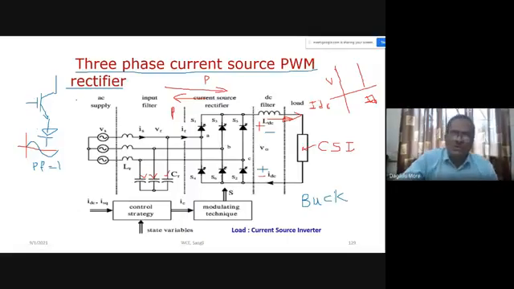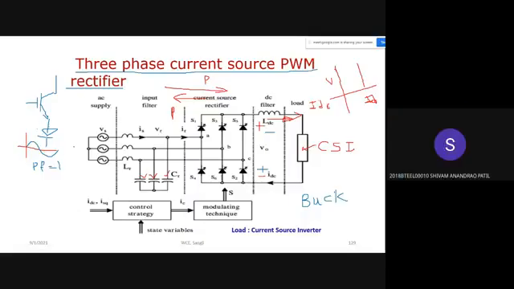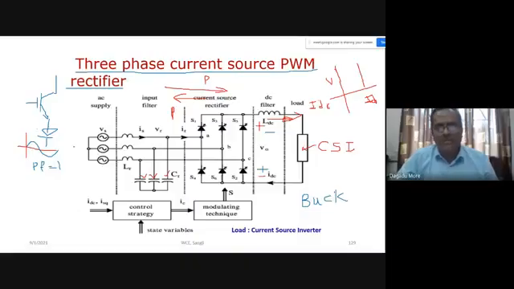So if you want to use the IGBT here, we have to put a diode in series. For what purpose are we using the diode? Reverse voltage blocking capability can be obtained with the help of the diode. Why is reverse voltage blocking required? Because power flow is reversed. And how is the power flow reversed?